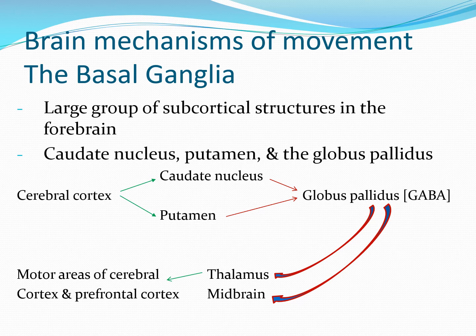And the globus pallidus is sending inhibitory messages to the thalamus and to one of the areas of the substantia nigra. Okay, so that's kind of the beginning of noticing the complication of what I'm doing. Okay, and the thalamus is sending excitatory information to the motor areas of the cerebral cortex and the prefrontal cortex.